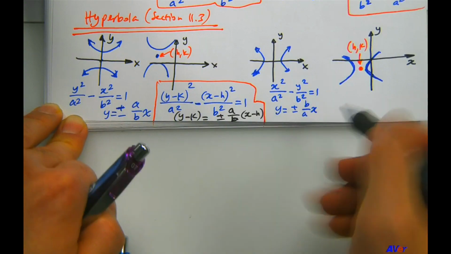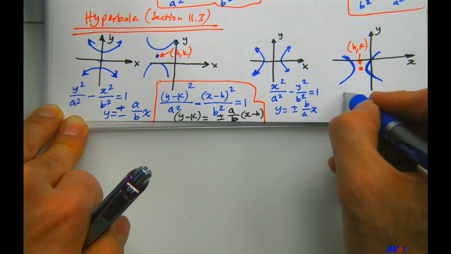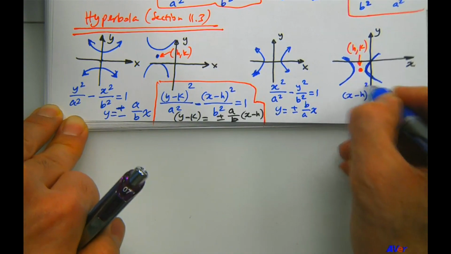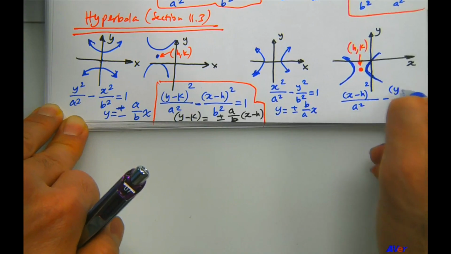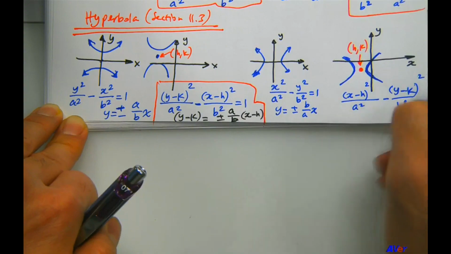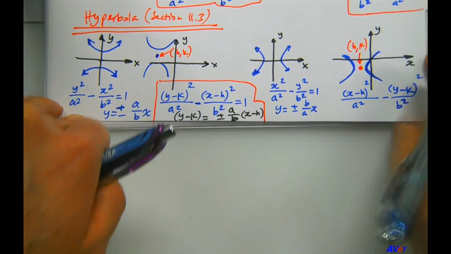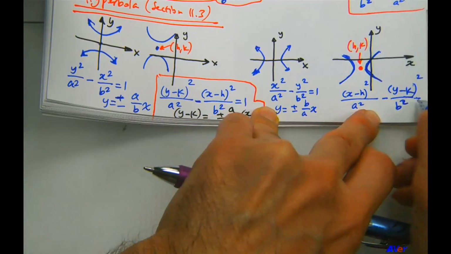So now these formulas should adjust. This time we're going to have x minus h squared over a squared minus y minus k squared over b squared, and of course that is equal to 1.